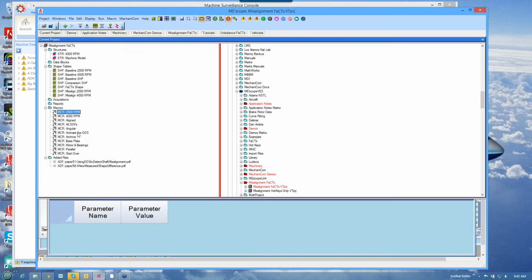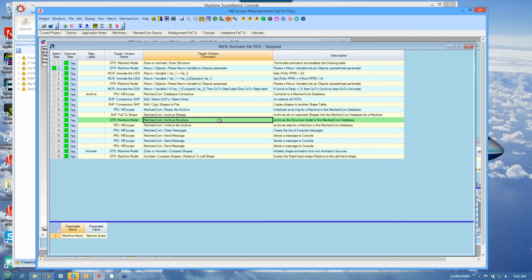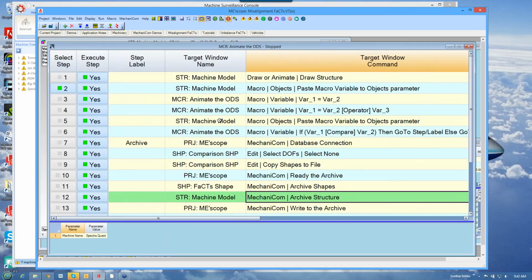Here's the macro program that starts the animation. There are a few steps in here that are not obvious, but we're going to set the rotation speed of the rotating parts of the model to match the RPM of the ODS. If we don't do that, then the model will rotate at a different speed, and the rotation will not match the speed of the ODS.